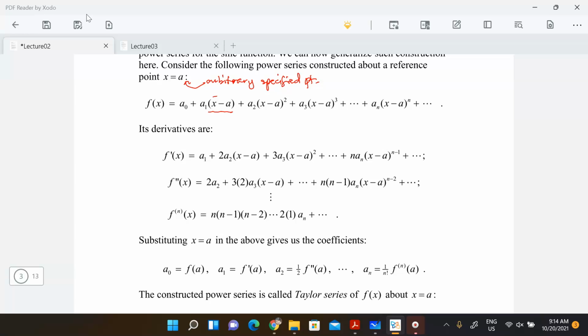Again, the technique requires you to find out what these coefficients are, and we can do this by taking derivatives, just like we did for the case of sine x.